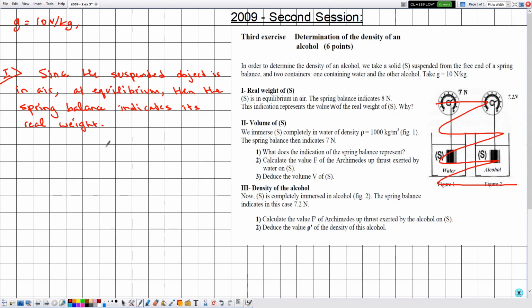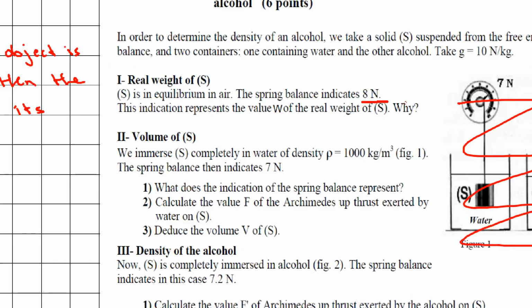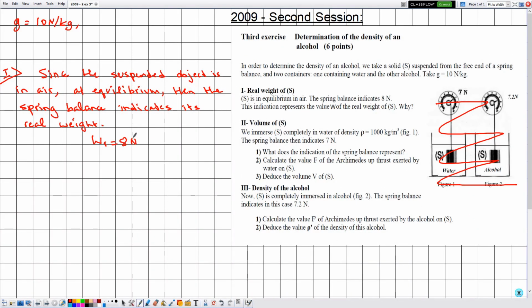So the real weight in this case, which is denoted by W_R, is equal to the value which is 80 newtons. So here it is important, let me write that the real weight is given by 80 newtons.